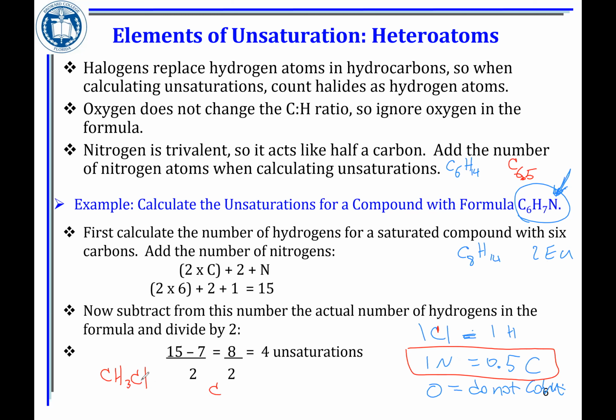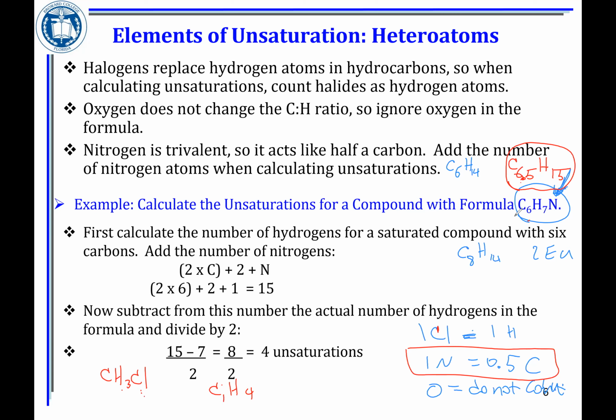Cl counts like 1 hydrogen, so you have 1 carbon and 4 hydrogen. Nitrogen counts as half a carbon just by convention. If you have 6.5 carbon, the number of hydrogen is going to be 6.5 times 2 plus 2, which is 15. So we need 15 hydrogen to make sure the molecule is saturated.